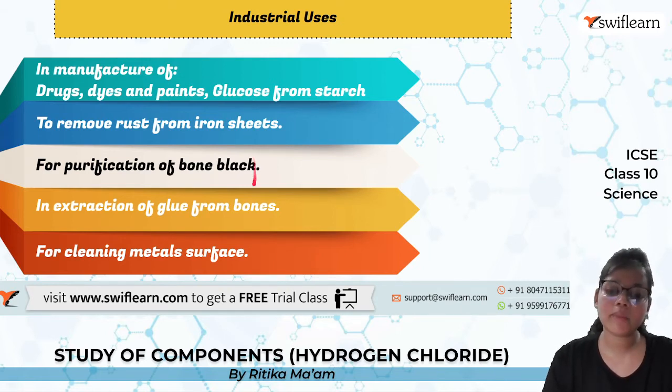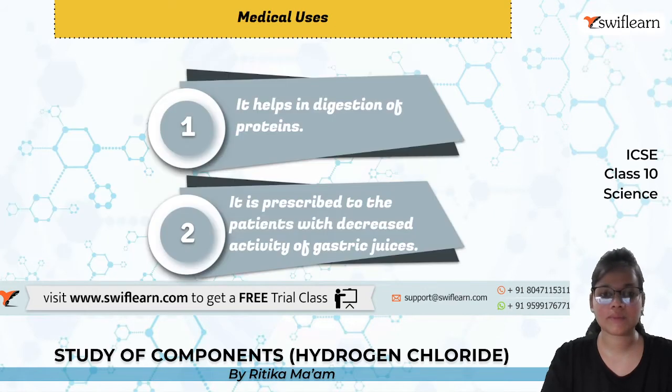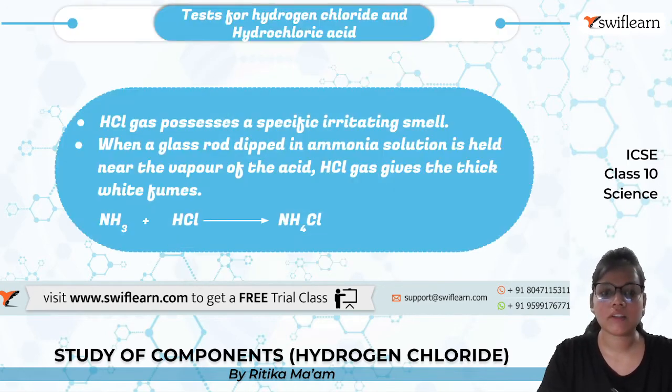And for cleaning metal surfaces, we use this. It is also used in medicine, wherein it helps with digestion of proteins, and it is also prescribed to patients who have decreased activity of gastric juices to enhance this activity.